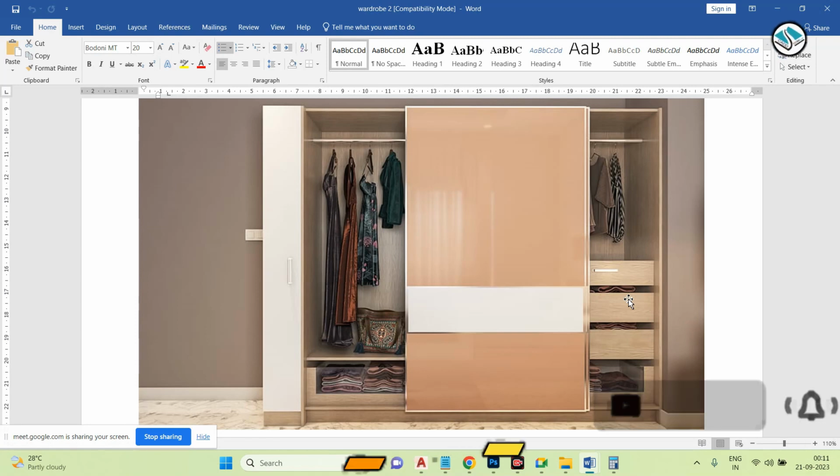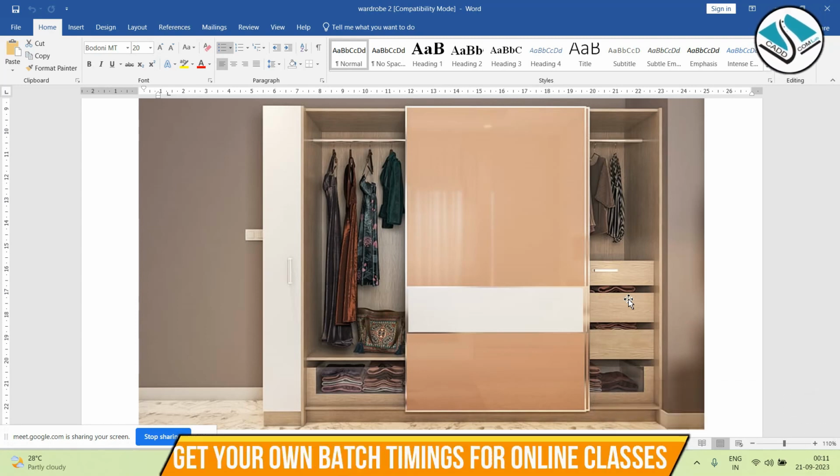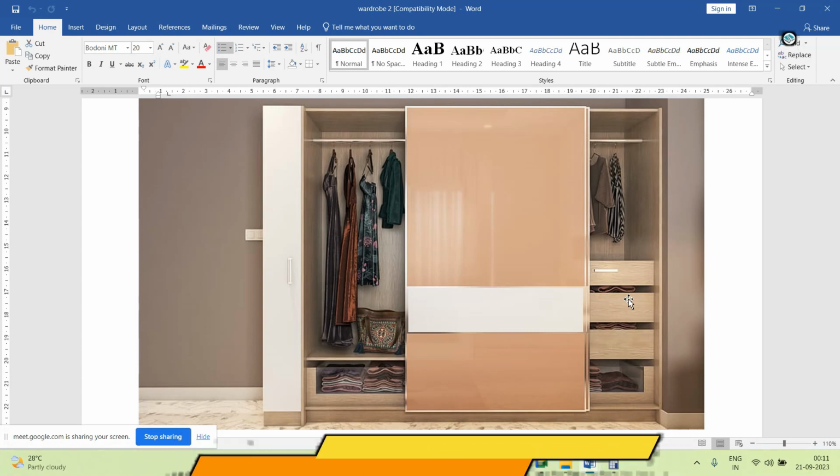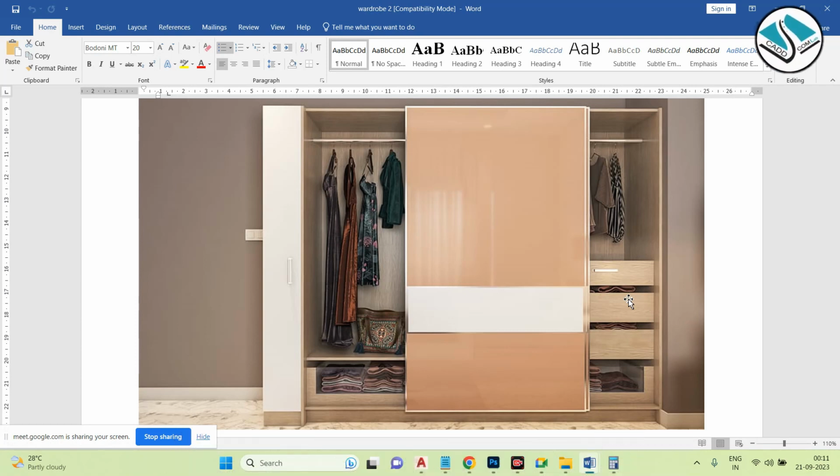But second way, if the client says please design a wardrobe according to my design, according to my requirement, that is a different thing. Yeah, I got it. In that condition, we cannot use the standard size of the wardrobe. We will just work on the client requirement.